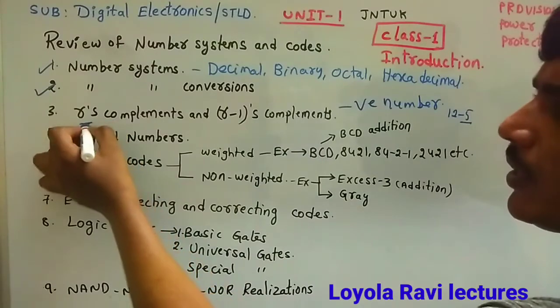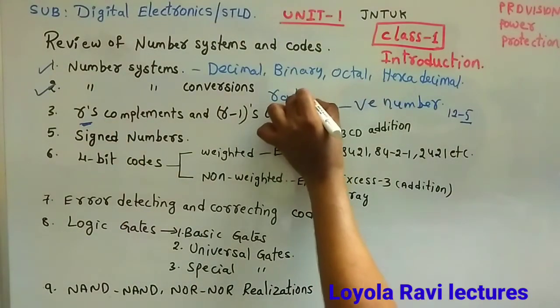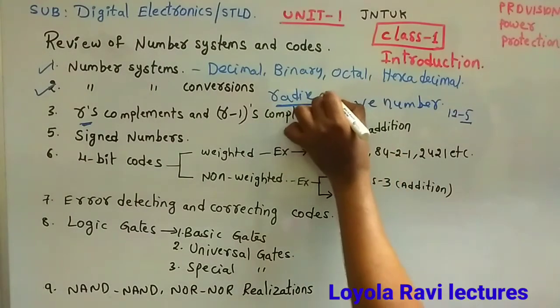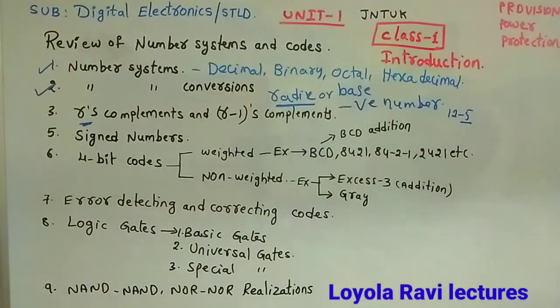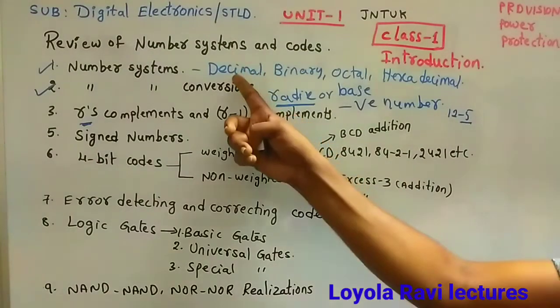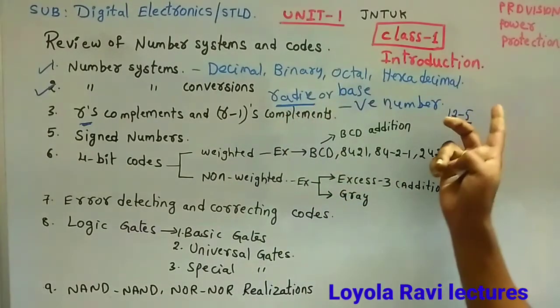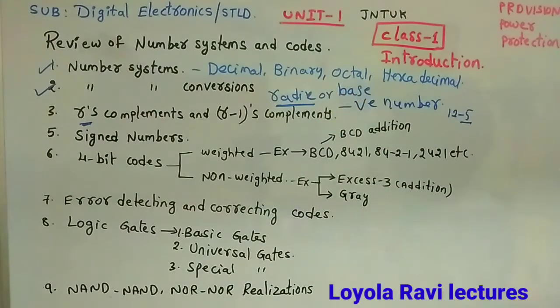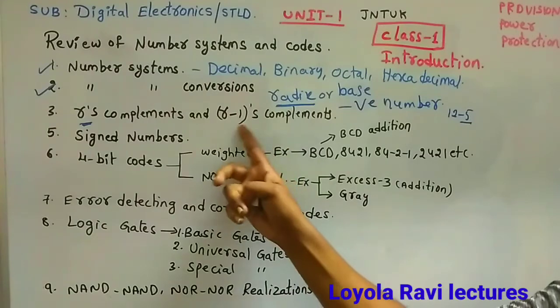Here R is nothing but the radix, or base. For each number system we have a base. For the decimal number system, the base is 10; for the binary number system, the base is 2, and so on. That's why it is represented as R's complement and R minus 1's complement.